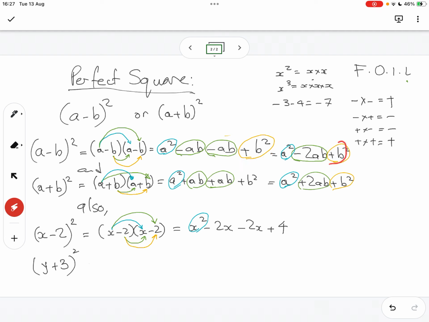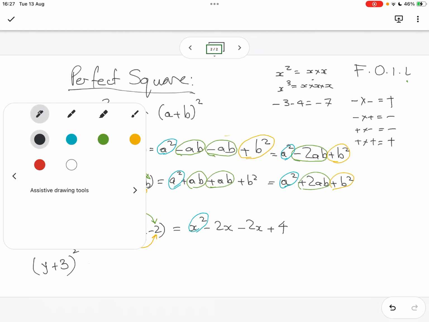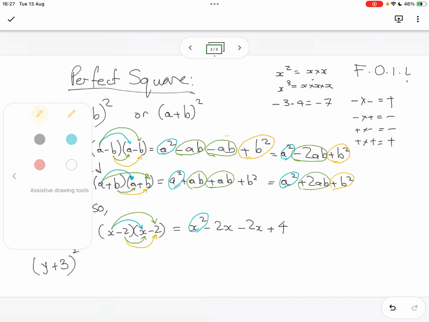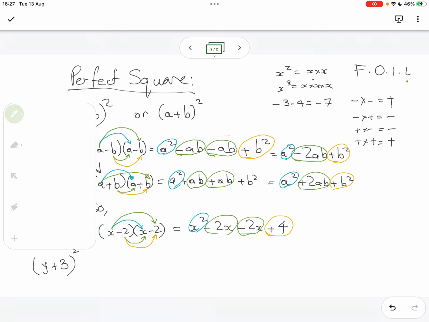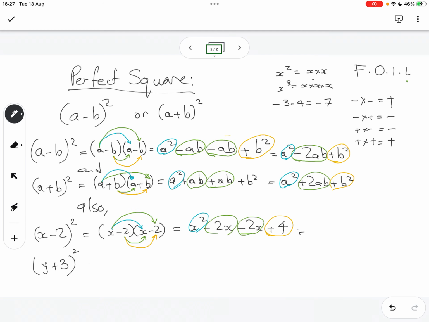All right. So it's this one that we have here. You see? That's why it's plus 4. Then we have negative 2x, and eventually it becomes x squared minus 4x plus 4.